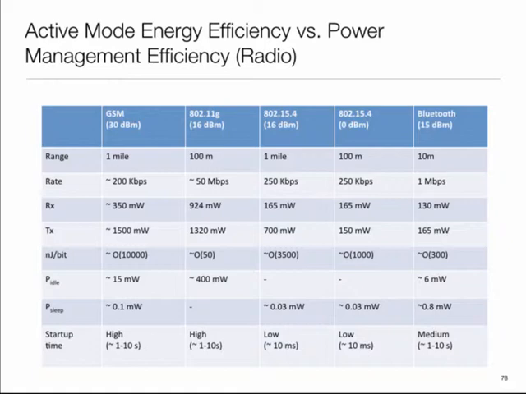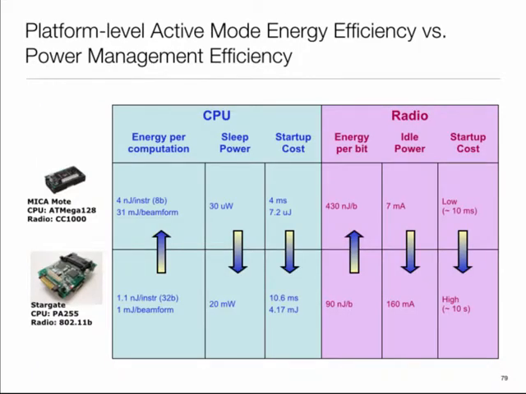What all of this translates into is an observation, and I think it says something about the nature of the technology: devices which tend to be good in active mode efficiency tend to be the ones which are bad at power management efficiency, and vice versa. So bulk processing efficiency and this rapid wake up seem to be at odds.